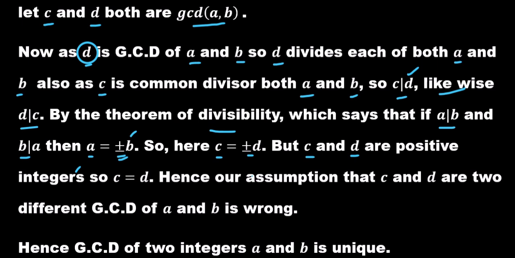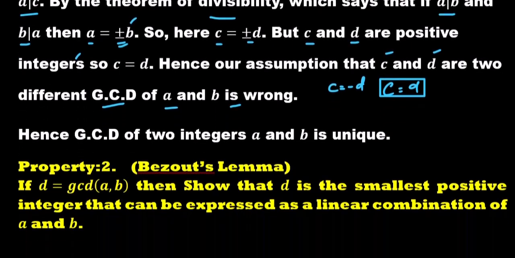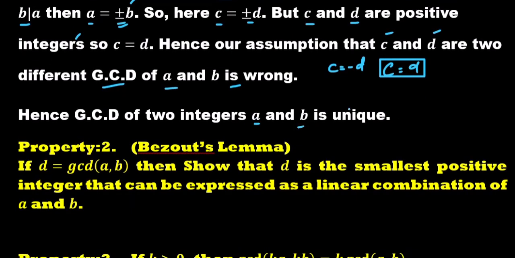That's why we will neglect the case of negative integer. So this becomes C is equal to D. And this shows that both of the GCD are same. Hence, our assumption that C and D are two different GCD of A and B is wrong. Hence, GCD of two integers A and B is unique.